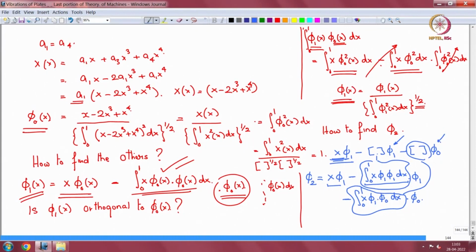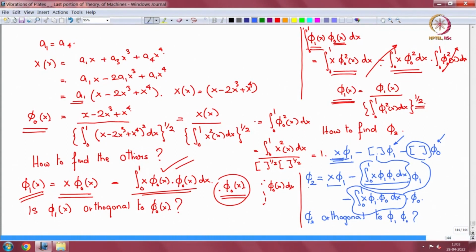Okay. So, now how do we know this is orthogonal to phi 1 and phi 0? So, we will check it out.